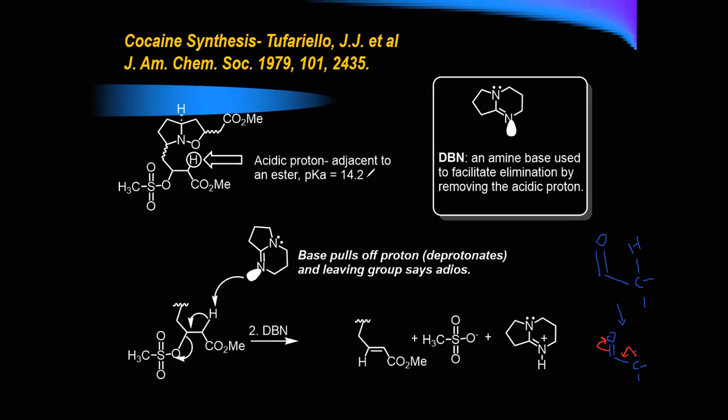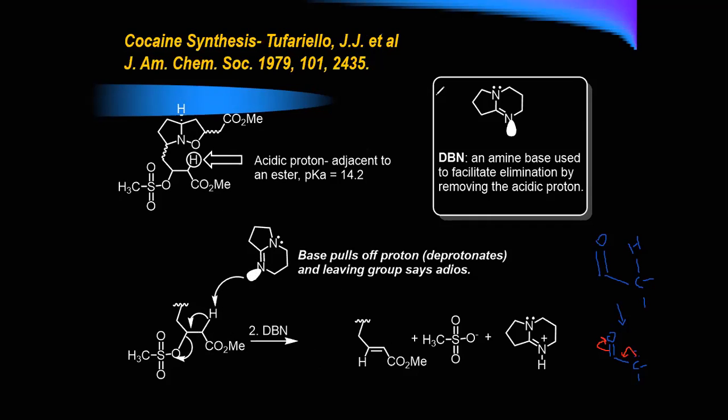That's not great, but it's not trash either. And with a good enough base, you can remove it. And so that's what happens, right? The conjugate base of this is stabilized by resonance. So boom, DBN can come in, grab that proton, boom, and then boom. So then you'll have an E2 elimination to put that double bond in, right?